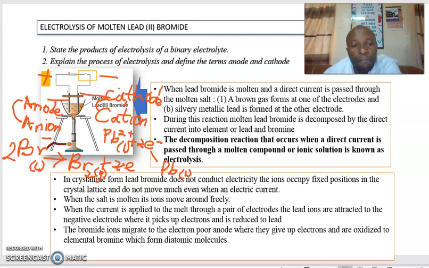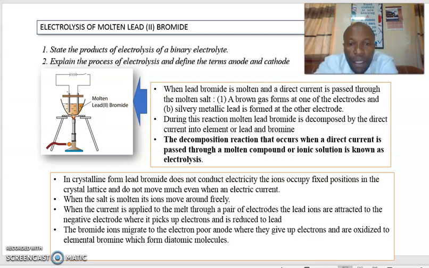Now there is usually a problem: some students write aqueous. Aqueous means something very different. It means the substance is in solution. In this case it is not a solution, it is in a liquid state. It has been molten, so it is not made into a solution. At this point you have two products, bromine gas and lead metal.